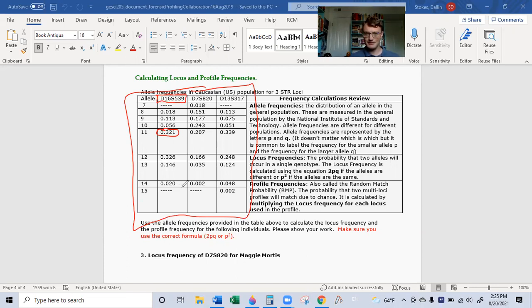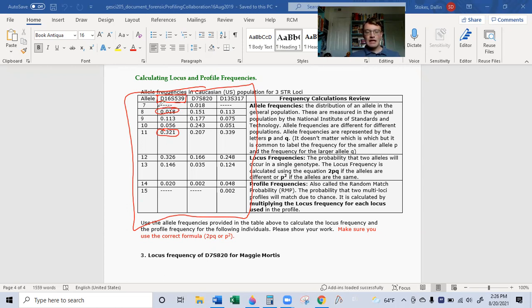That's what that number means. They just have to have any 11 allele. And this number right here means 0.018, or 1.8%, of people have an 8 allele at D16.